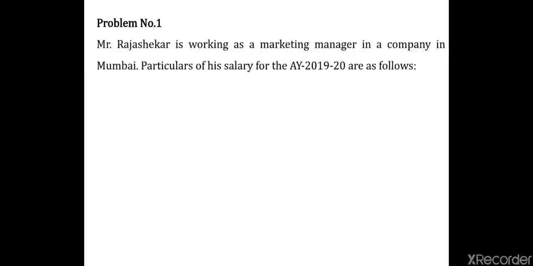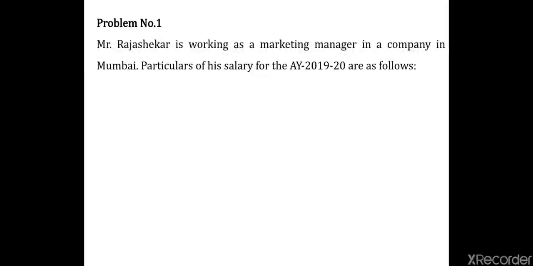You don't require the nature of work, but whether he is working in a government or private organization matters a lot. They did not specify whether it is a government company or a private company, so in this circumstance you should consider that Mr. Rajshekar is working in a private company.